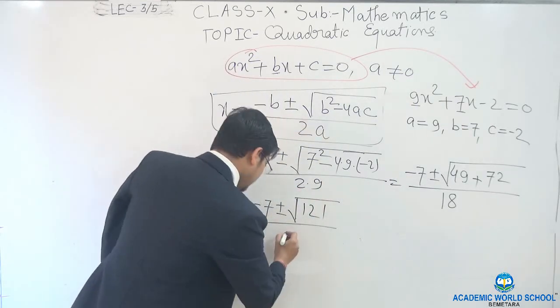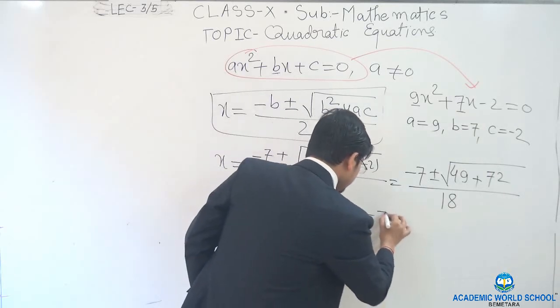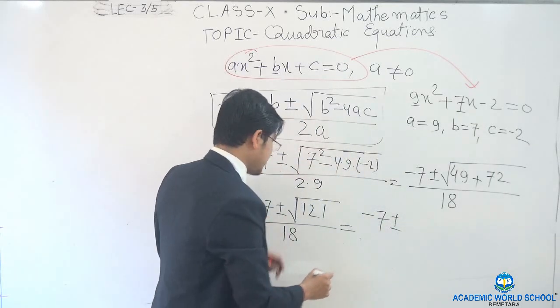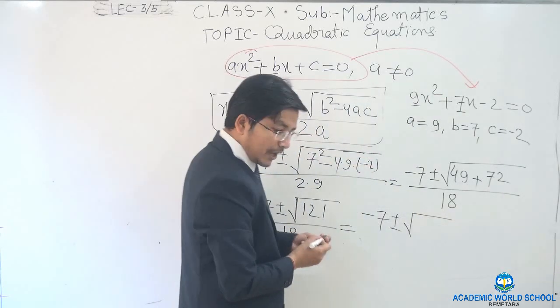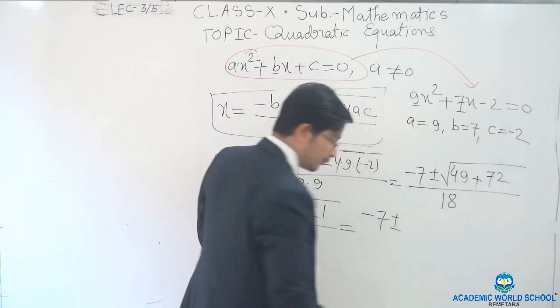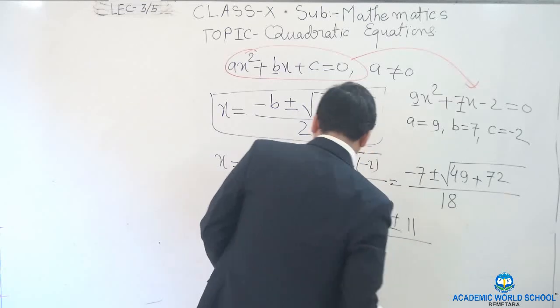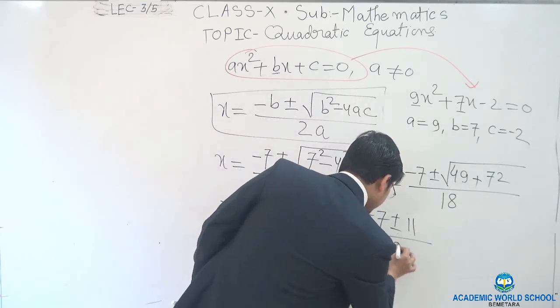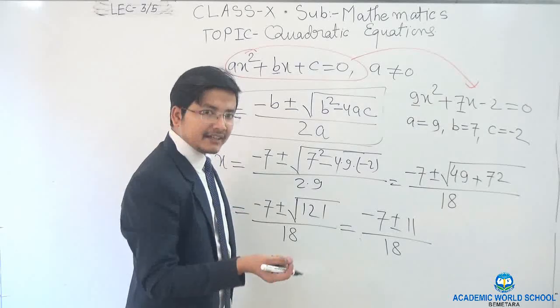Upon 9 into 2, 18. So now this will be equal to minus 7 plus minus root over. So what is the square root of 121? Square root of 121 is 11. So we are going to write over 11 upon 18.